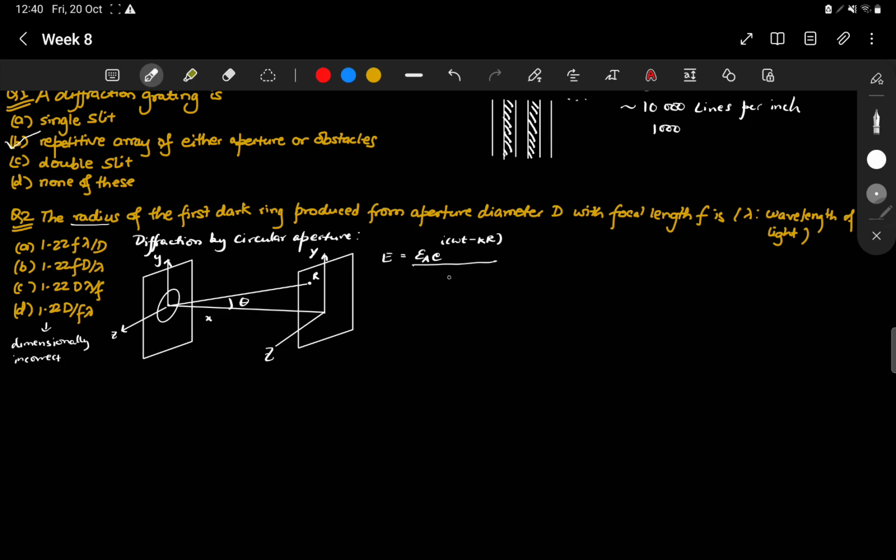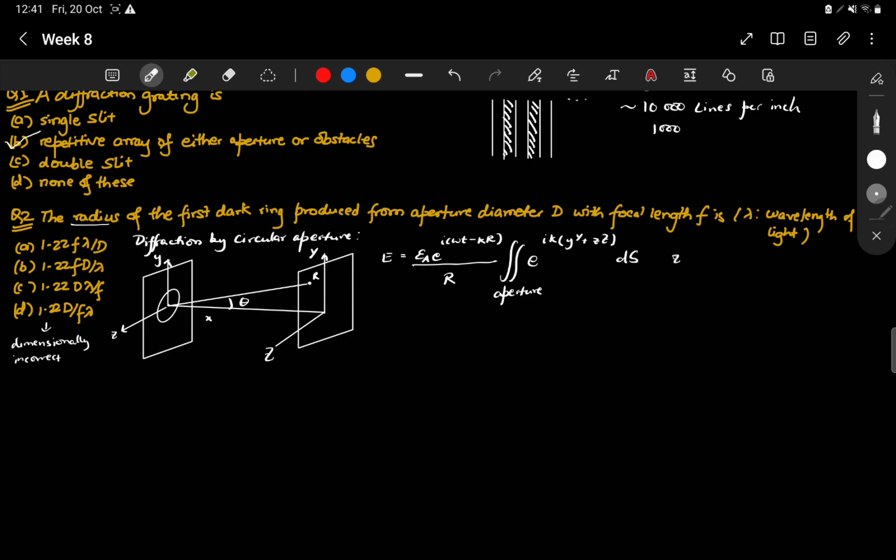So let us now write down the electric field. This is the diffraction integral that I am writing. This dS is the area and this integral is to be performed over the aperture.